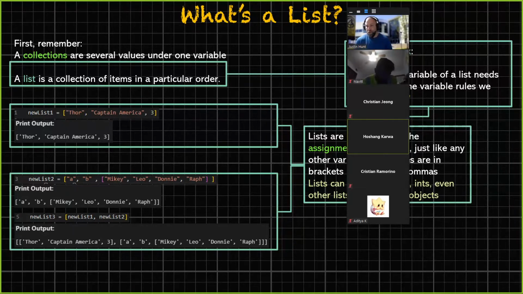They also have one called a tuple, which we'll get into in coming weeks. They have sets. They have frozen sets. They have, geez, there's quite a number of different types of collections, but the list is the most basic. This is your entry level collection right here. Does that answer your question, Hoshan?